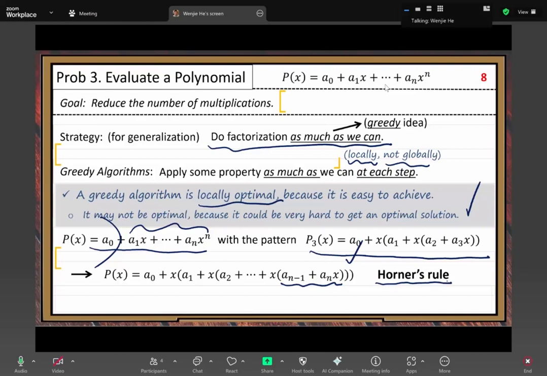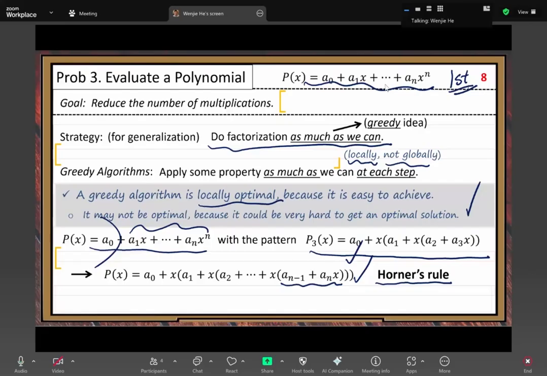If you calculate your polynomial this way, we call it Horner's rule, not the brute force way. This is the brute force way. Now you can understand our programming project number 1 better, because our first method is brute force.